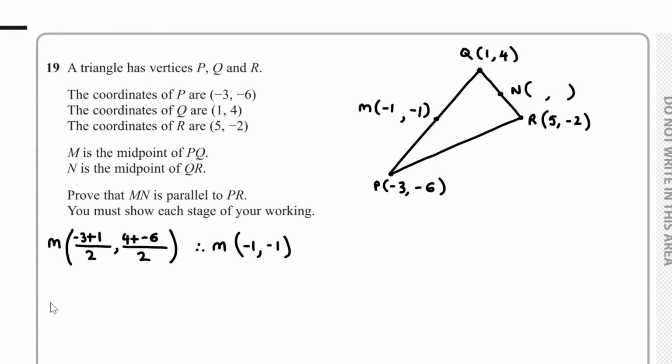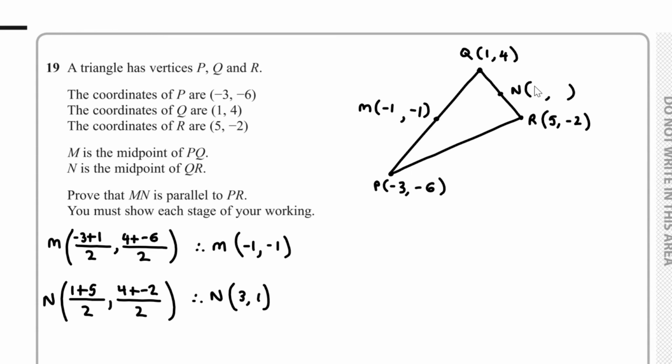Let's do the same thing with N. If we work out the coordinates of this, we've got 1 plus 5 over 2 for the x coordinate, and then for the y coordinate we've got 4 plus -2 over 2. So therefore N has coordinates 3, 1.